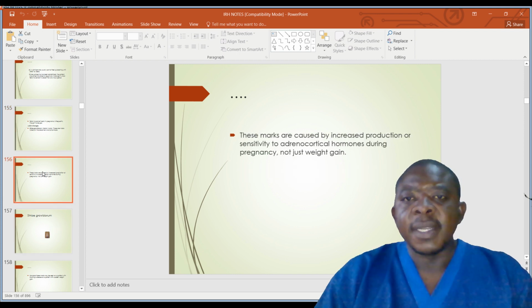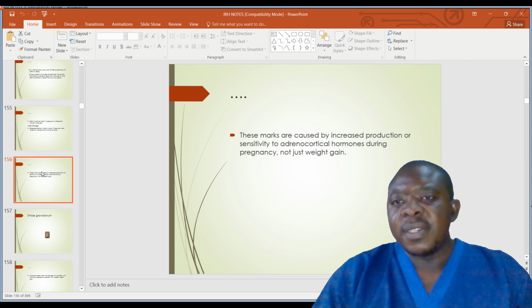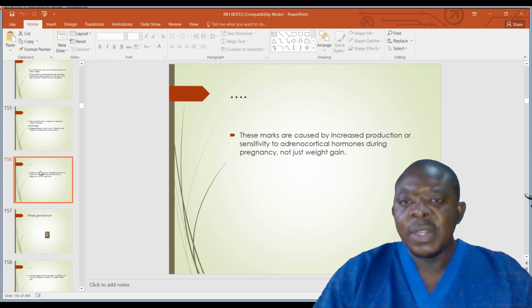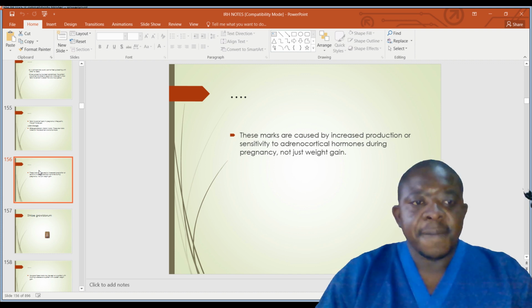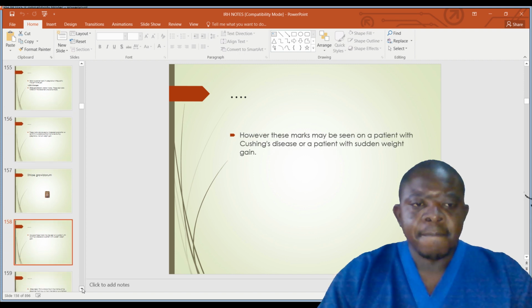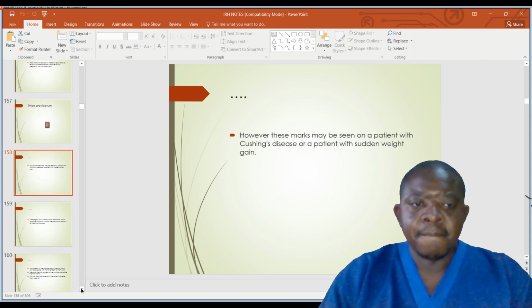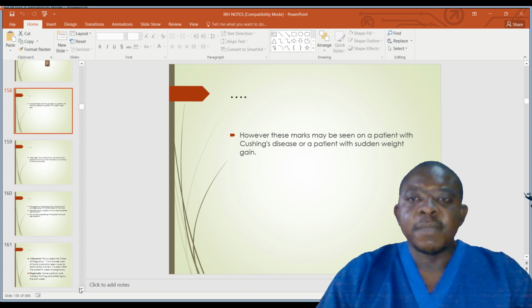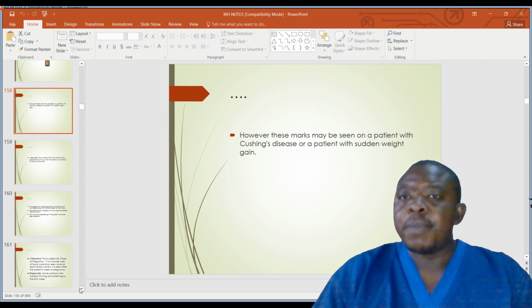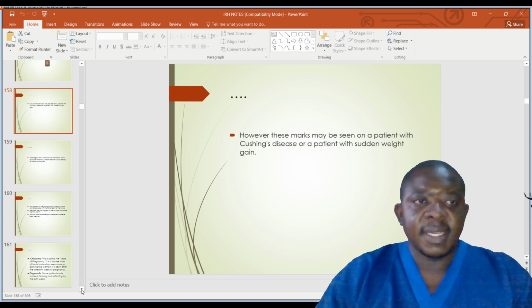These marks are caused by increased production or sensitivity to adrenocortical hormones during pregnancy, not just weight gain. However, these marks may be seen on a patient with Cushing's disease or a patient with sudden weight gain.